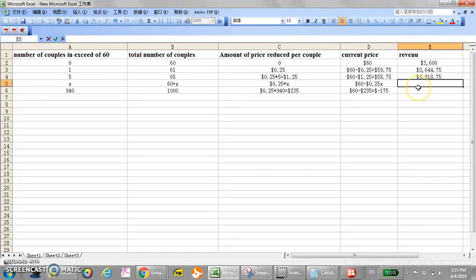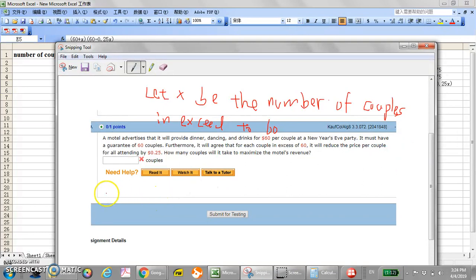So we can use a mathematical expression to represent the revenue. The revenue is the number of couples, which is 60 plus x, multiplied by the current price, $60 minus 0.25x. So then we will be able to set up a function. This function value is the revenue, and the function is a function of x.